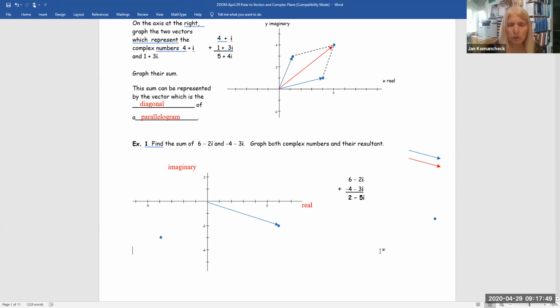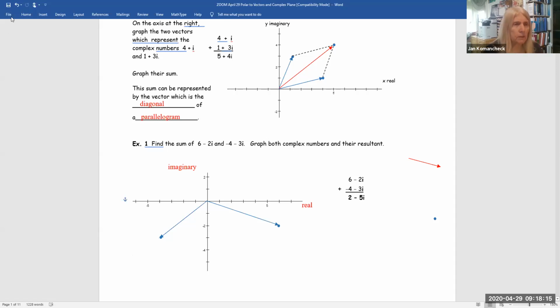I think that's pretty good. Oh, wait a minute. It's not good enough until I draw the vector itself, which represents that complex number, the length and the direction. The length called the magnitude and the direction of that. Okay, it'd be really nice if I got those to connect the origin.